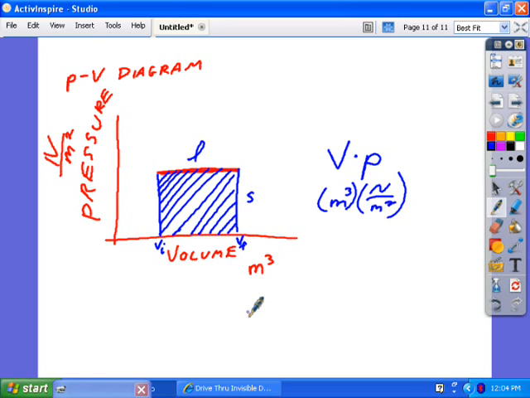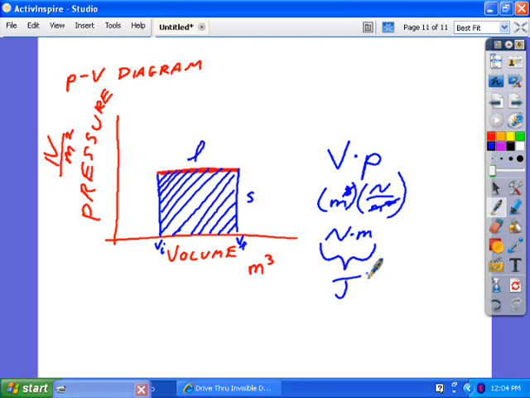Alright, now if I cancel out what I can here, I've got meters squared, so I can take meters squared out of the top and limit that down to meters to the first. So if I multiply volume times pressure, I end up with units of newtons times meters, which, if you remember back far enough, is 1 joule.